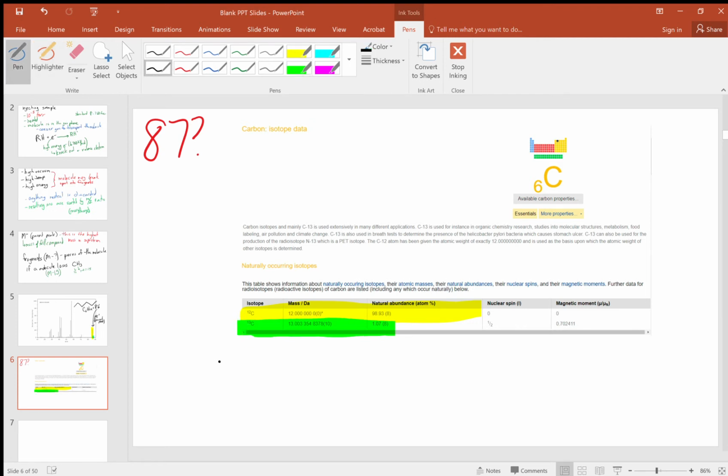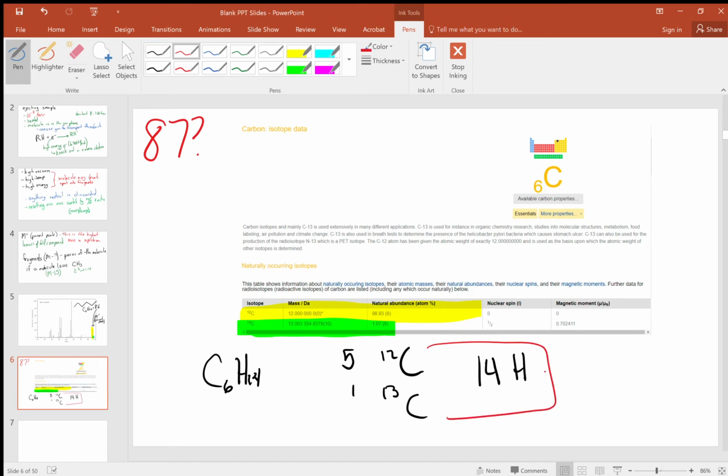So what if we had a molecule of hexane, C6H14, that was made up of 5 carbon-12 and 1 carbon-13, in addition, of course, to the 14 hydrogens? Well, now, instead of adding up to 86, we would find that the mass now added to 87.